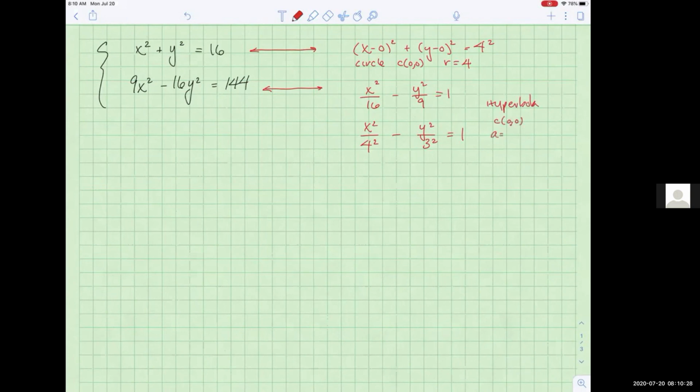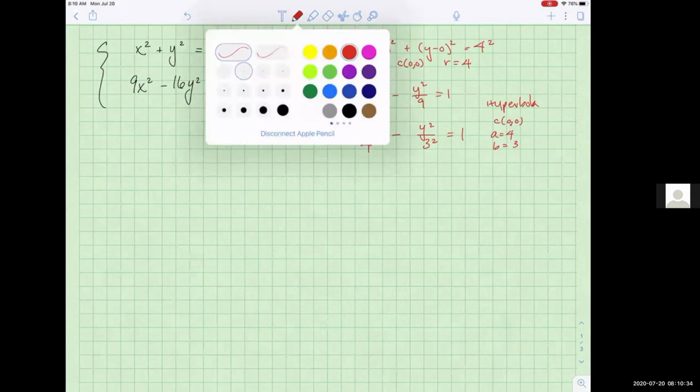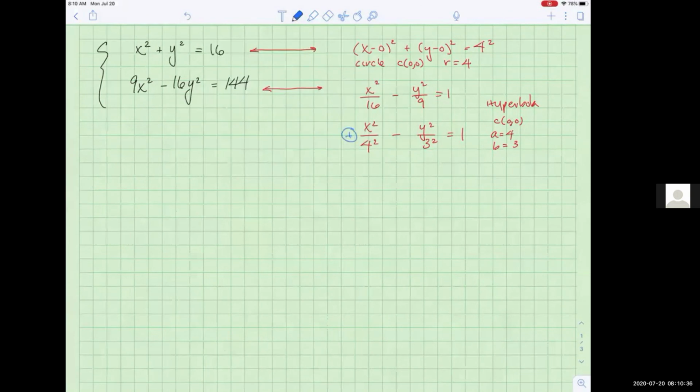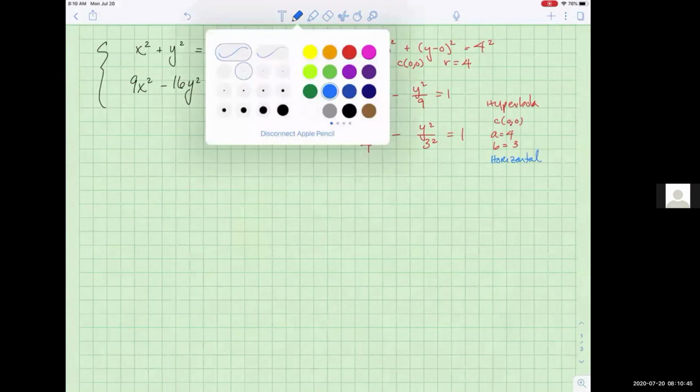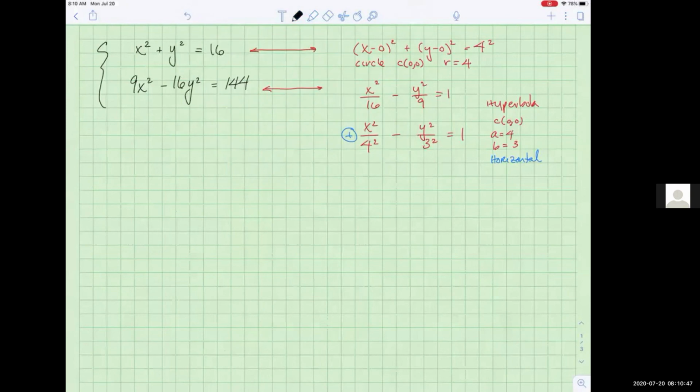And the a value here is 4 and the b value is 3, which should be enough information for us to graph it. Also, we might note that this opens horizontally. So it's a horizontal hyperbola. So let's graph these really quick. Let's get our axis going here.